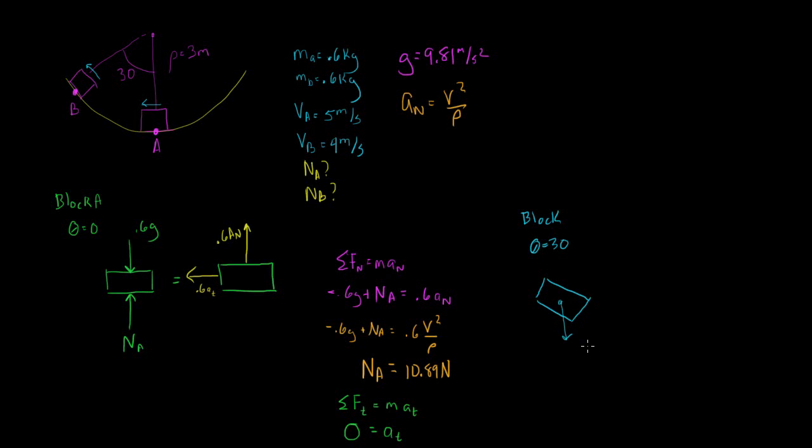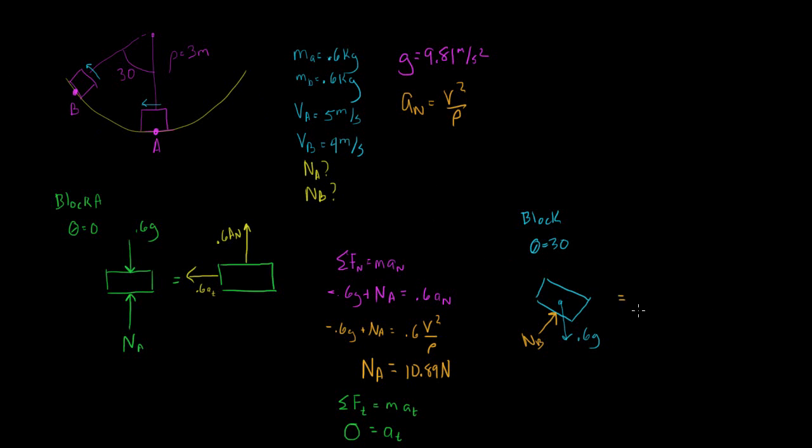This is its weight, so it's 0.6 times gravity. It's going to have a normal force. This normal force acts in this direction, and we'll call it the normal force of B. And these are the only two forces on it. Again, we're assuming a frictionless surface.